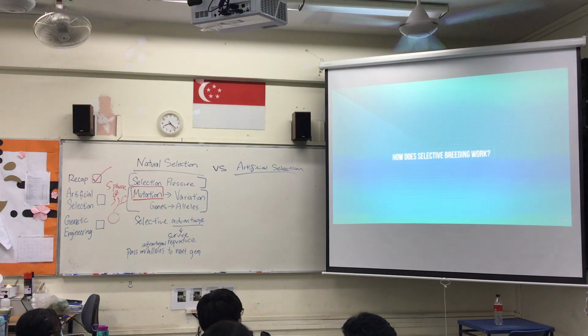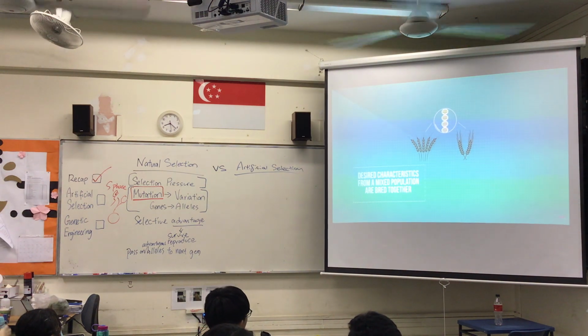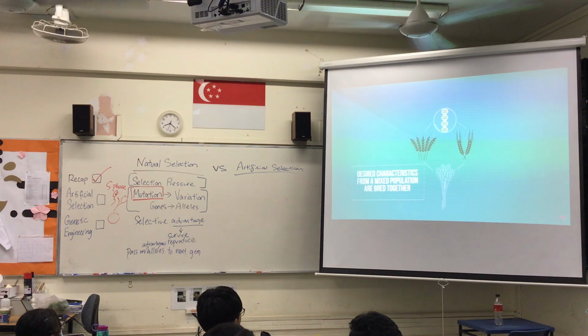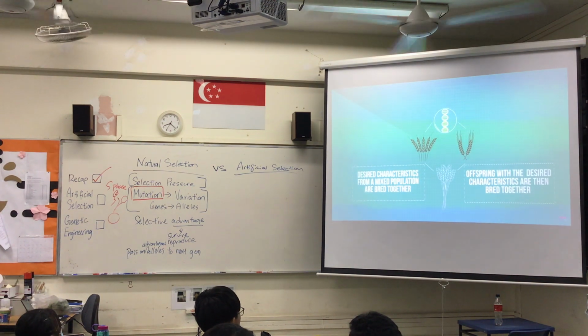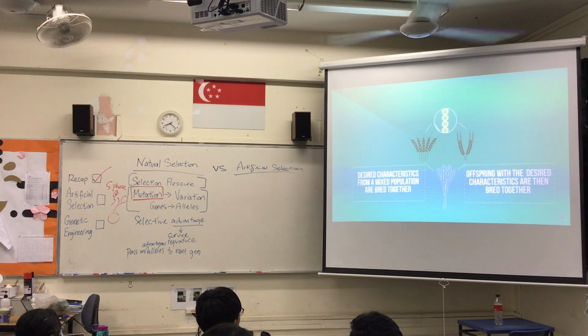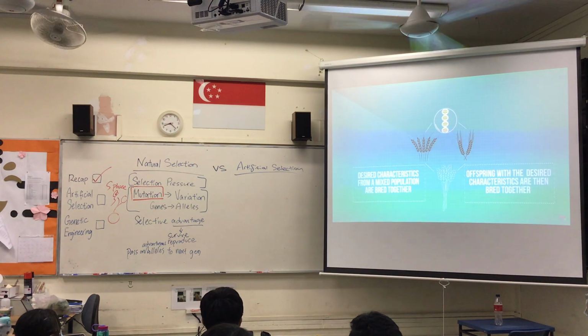How does selective breeding work? Parents with the desired characteristics are selected from a mixed population and are bred together. From the offspring, those with the desired characteristics are then also bred together. This continues over many generations until all the offspring share the desired characteristic.